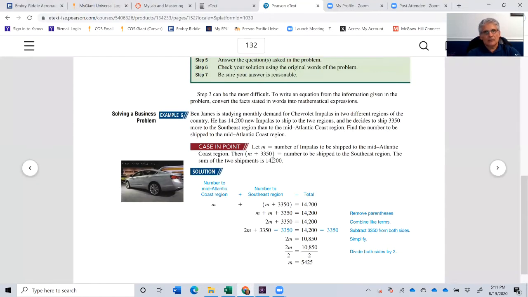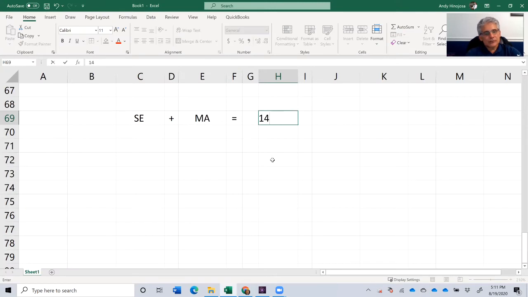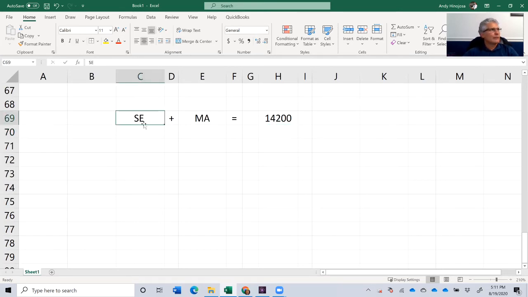Southeast plus Mid-Atlantic equals 14,200. So this is what we know. Whatever the number is for Southeast, plus whatever the number for Mid-Atlantic, that's going to be equal to 14,200. So these are 2 unknown variables.